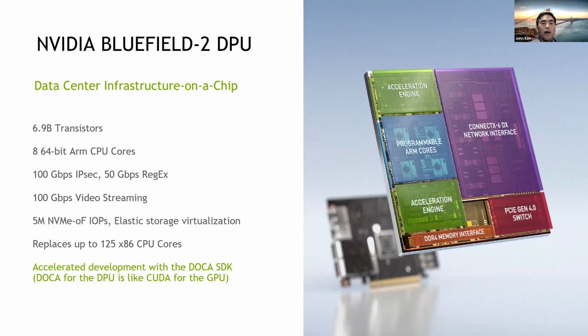a little bit. And then it also has encryption acceleration for encrypting data on the storage or data on the network. And it has special offloads that will accelerate video streaming or accelerate content searching, accelerate storage, especially for NVMe over fabrics. So it'll support up to 5 million NVMe over fabrics IOPS.